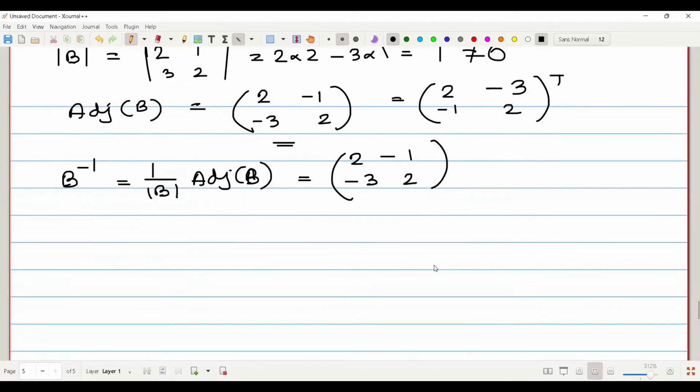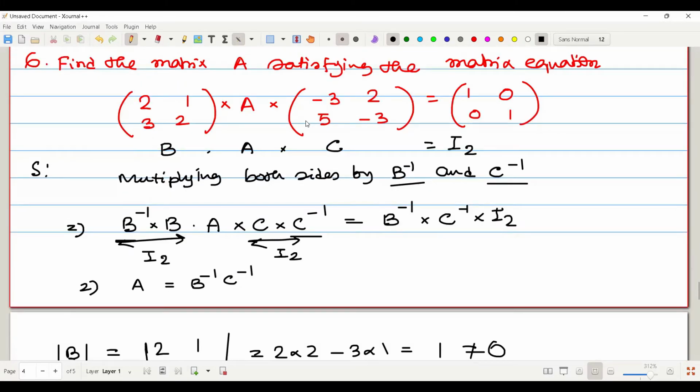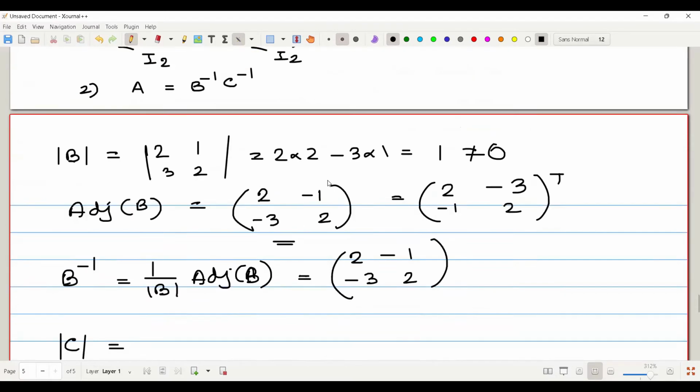Then we have to find out the determinant of C. If the determinant of C exists, that means not equal to 0. Minus 3, 2, 5, minus 3.